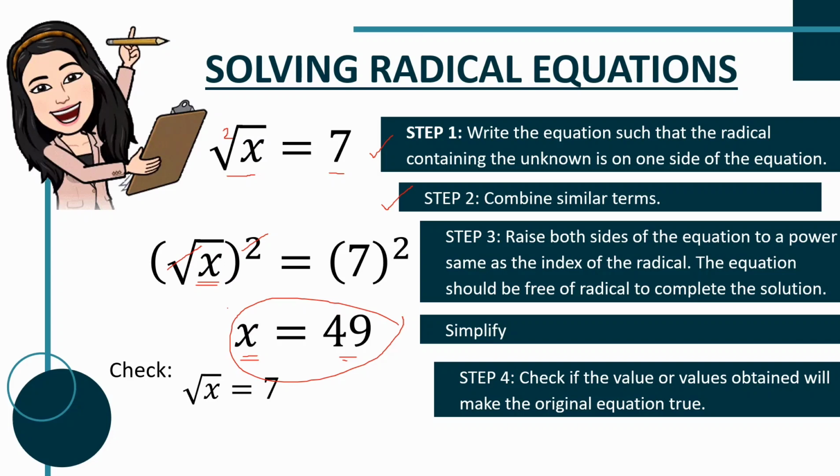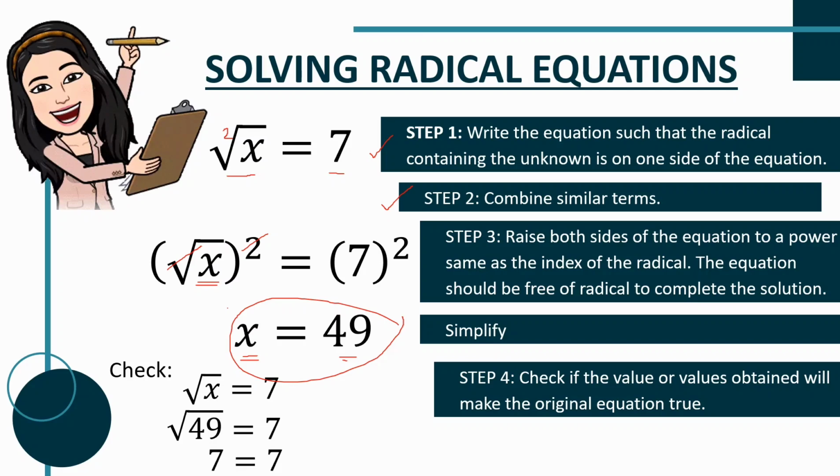What is x? 49. Instead of writing x, we will write square root of 49. Nawala si x, ayun po, sinubstitute natin. Maliwanag? So, square root of 49 is equal to 7. And simplify, what is the square root of 49? We have 7 is equal to 7. So, kinopya lamang natin.